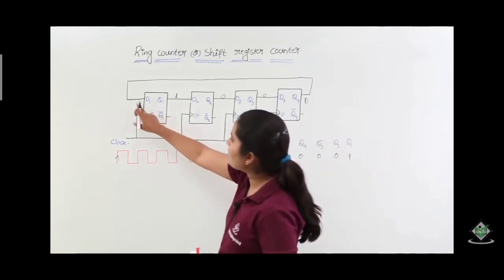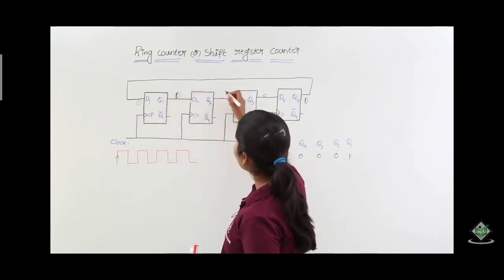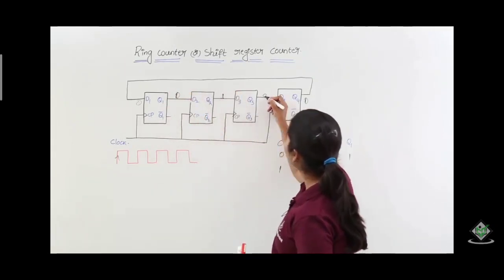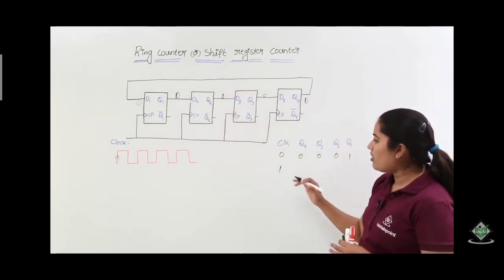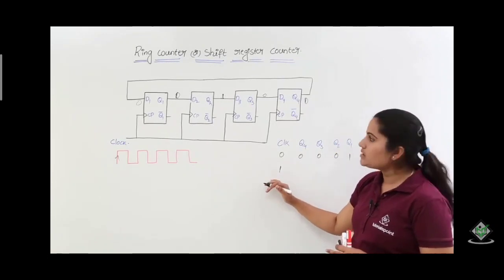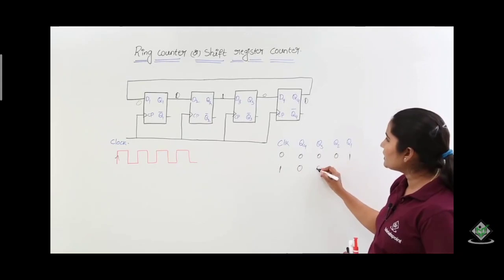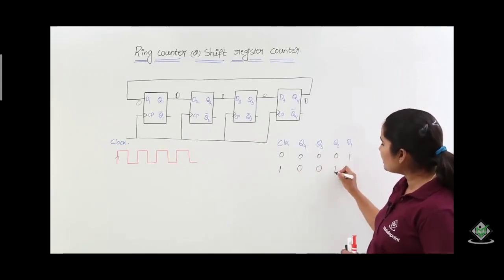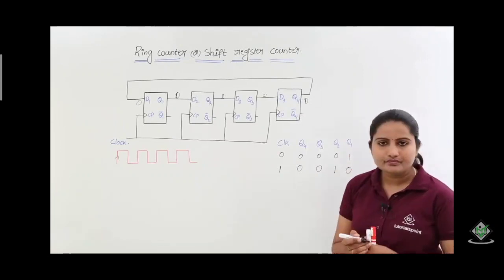That means this 0 will come here, whatever 1 is there will come here, and this 0 will come here, this 0 again will come here. So, after giving the first clock pulse, your Q4 is 0, Q3 is 0, Q2 is 1 and Q1 is 0.